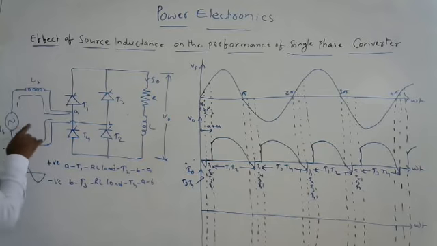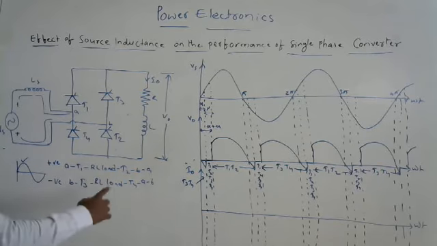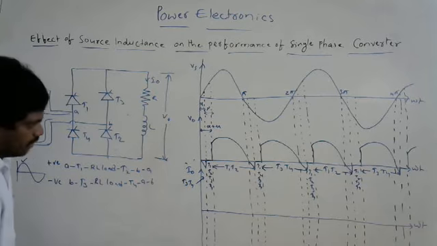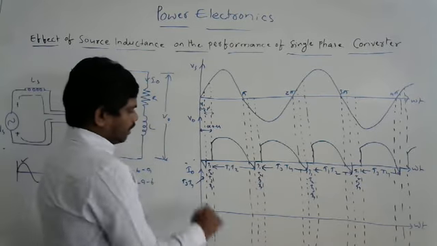And one more thing is that LS is a storing element. Due to the storage effect, whenever the supply is not available, it becomes the source for the circuit. Thereby, it is trying to pump values into the system. That's why T3 and T4 are still in the conduction state during the overlap angle period.